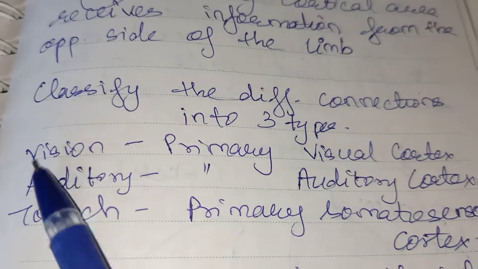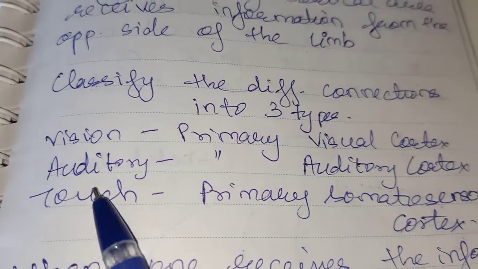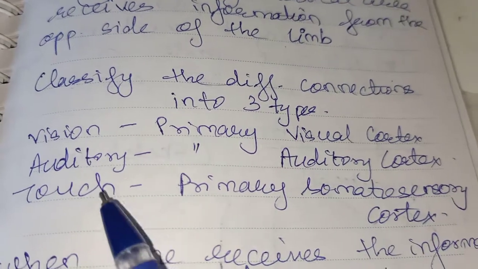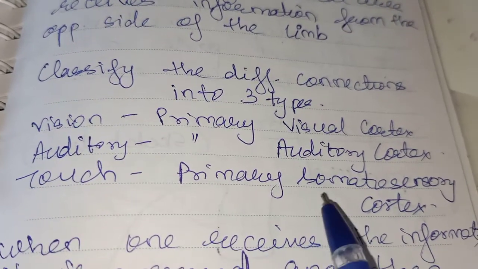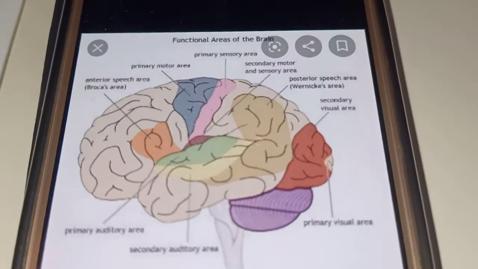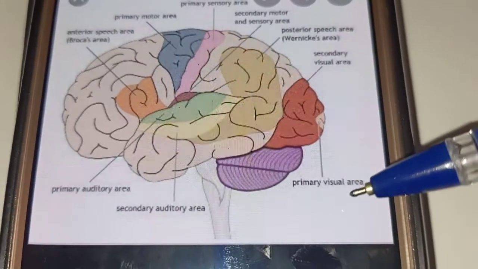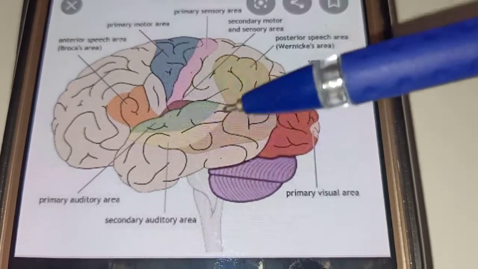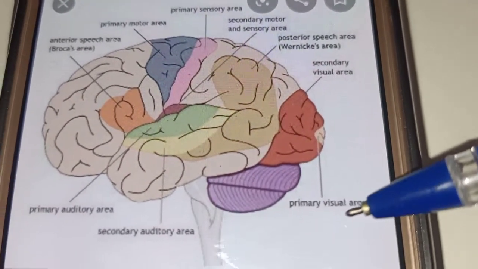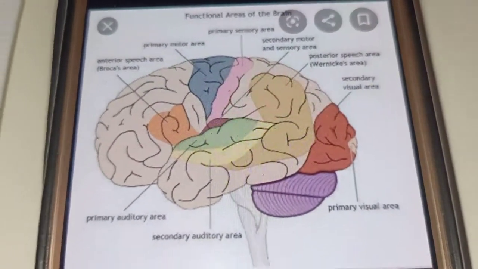There are functional areas present in the cerebrum: vision, primary visual cortex; hearing, primary auditory cortex; and touch, primary somatosensory cortex. You can see here there is the primary visual area. This is the occipital area or occipital lobe. The primary visual area is for vision. There is the auditory area, which is present in the temporal lobe.